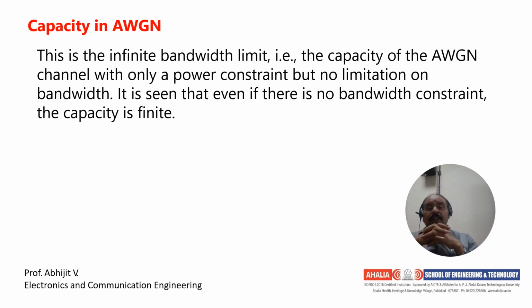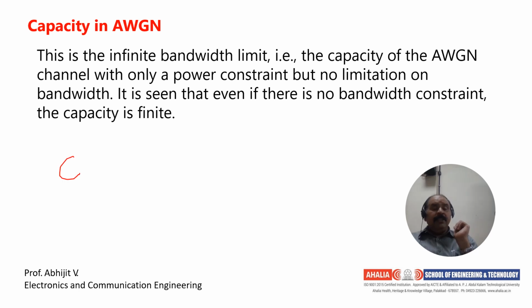This is the infinite bandwidth limit, the capacity of the AWGN channel with only a power constraint but no limitation on bandwidth. It is seen that even if there is no bandwidth constraint, the capacity is finite. That means that the capacity of a channel is finite even when the bandwidth is unlimited.